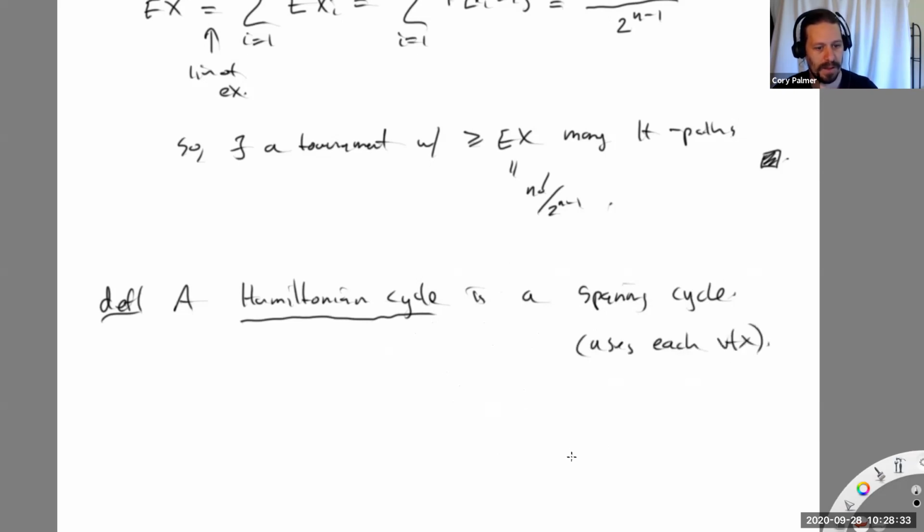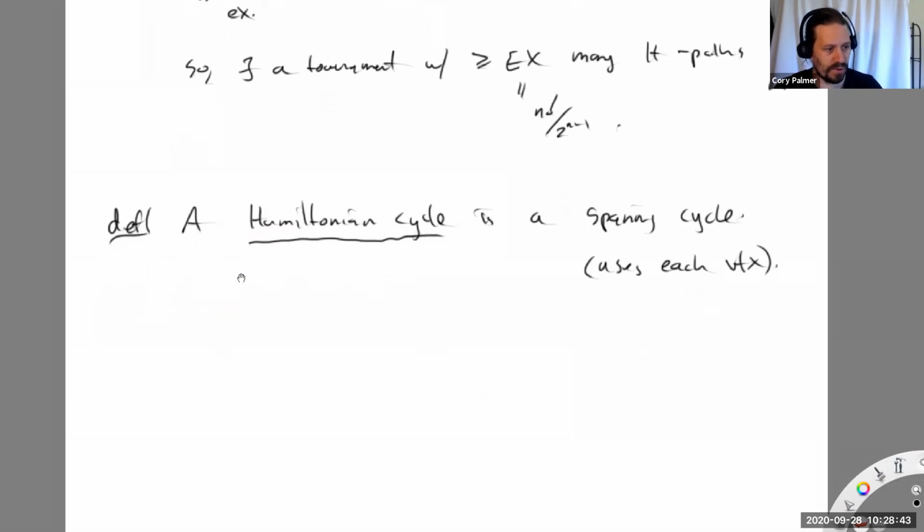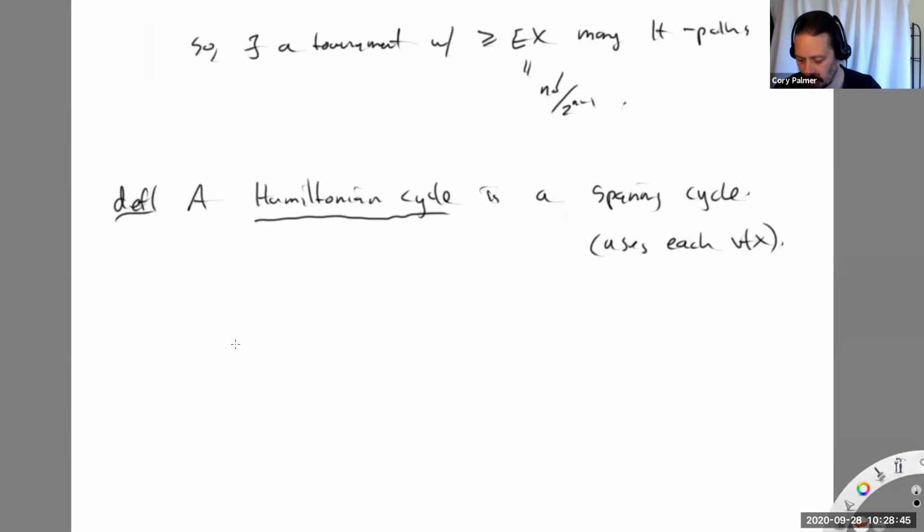Okay. We'll talk about it later, but this is related to a traveling salesman type problem. I want to visit every city without backtracking. That would produce a Hamiltonian cycle and end where I started. Okay, so this is Camion's theorem. And this tells us exactly when we have a Hamiltonian cycle in a tournament.